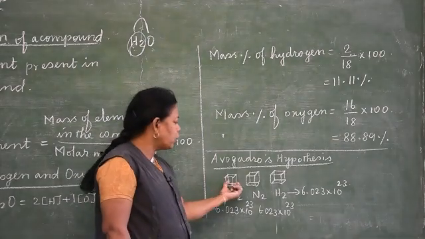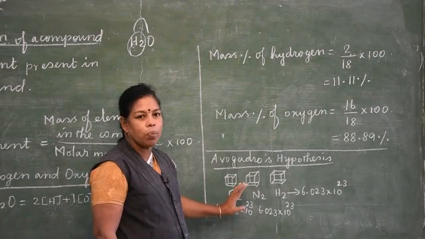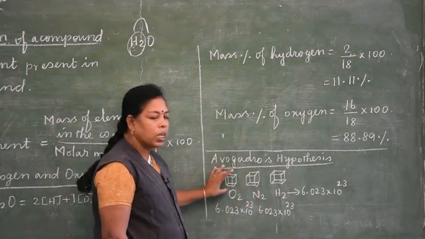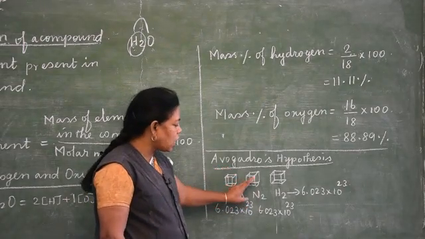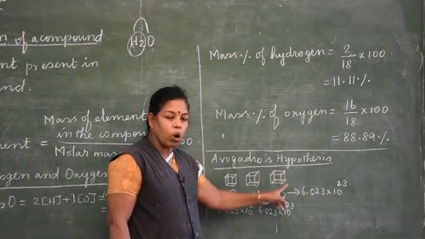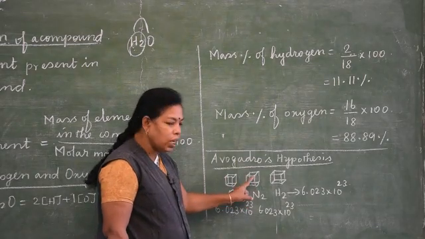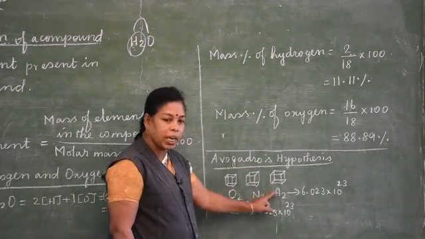Now, we are going to see Avogadro hypothesis. Look at these boxes. All the boxes contain equal volume, the same volume. Here I filled oxygen gas, here nitrogen gas, here hydrogen gas.